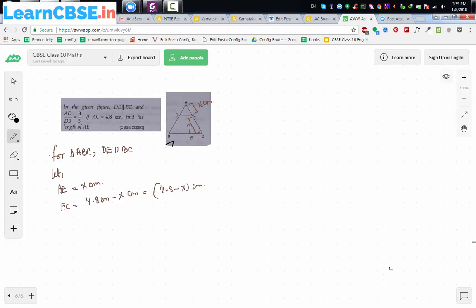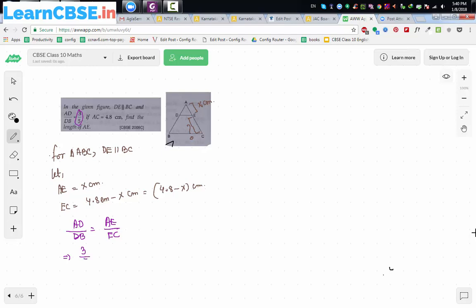Now, using the Thales theorem, we can write AD by DB equals AE by EC. AD by DB, this ratio is given as 3 by 5.